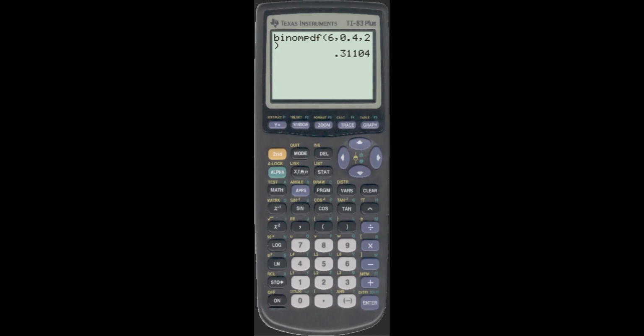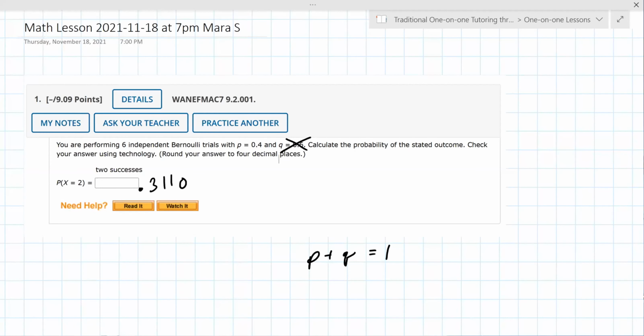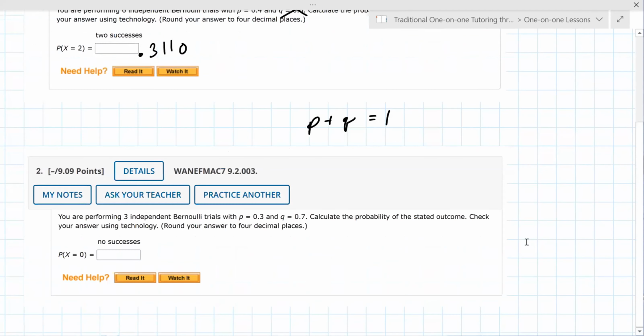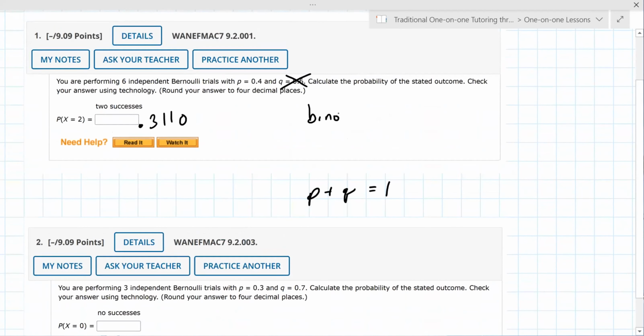Okay, so let me switch back to the workspace and let you try number 2, and it's basically the same as that. So I'll make some notes here, like this is binomial PDF 6, 0.4, 2.